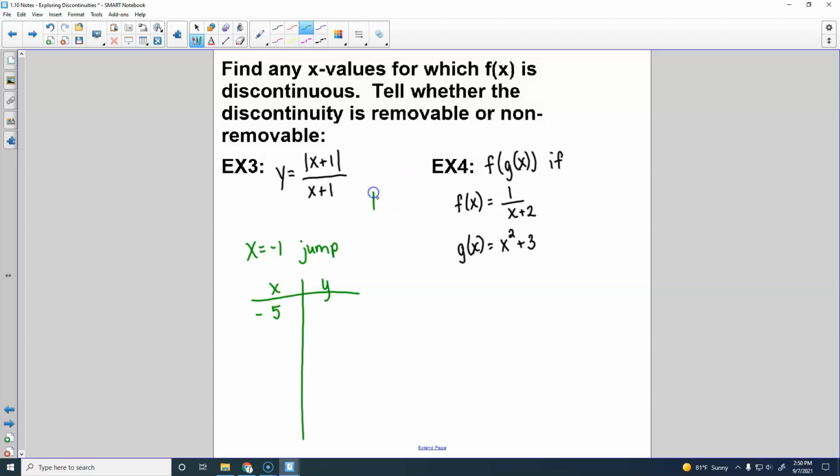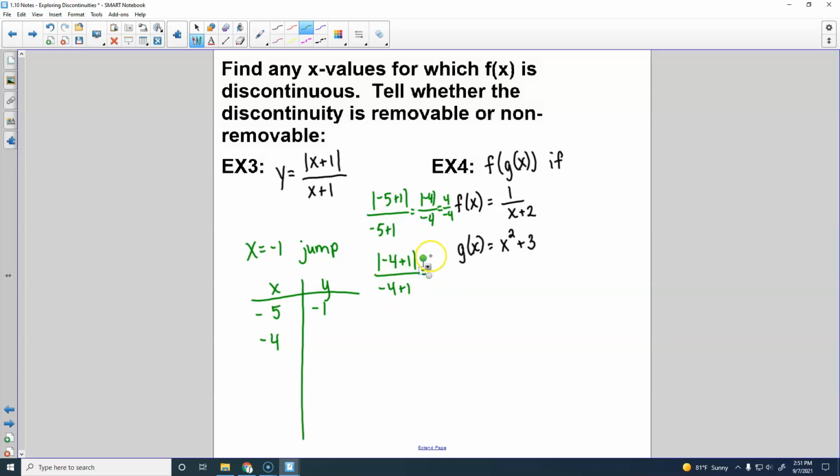Well, that would be absolute value of negative 5 plus 1 over negative 5 plus 1, which would be absolute value of negative 4 over negative 4, which would give me negative 1. The top would be a positive 4, but the bottom would be a negative 4, giving me a negative 1. And then if I tried negative 4, negative 4 plus 1 in absolute value bars over negative 4 plus 1.